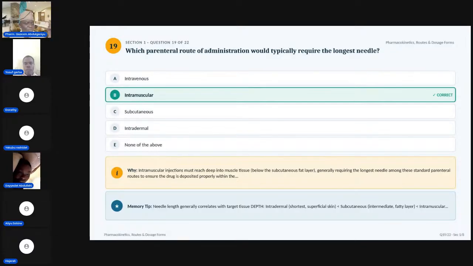And that's what causes pain sometimes. When you give such an injection using a very tiny needle, it could cause pain because it gets blocked and it's forcing itself out. By the point of forcing itself out, it could be painful for the patient. So it is intramuscular, not intradermal, that is where you need a bigger needle.